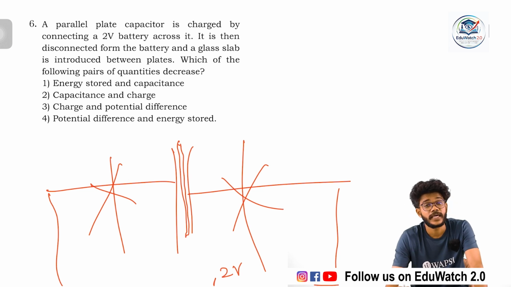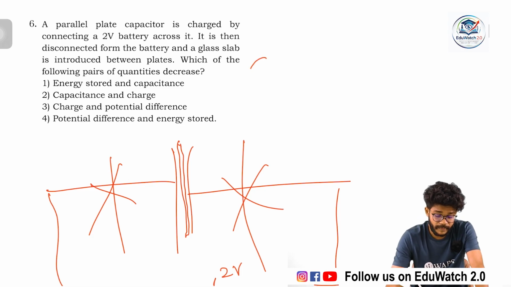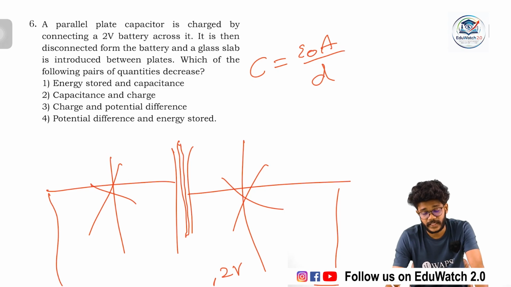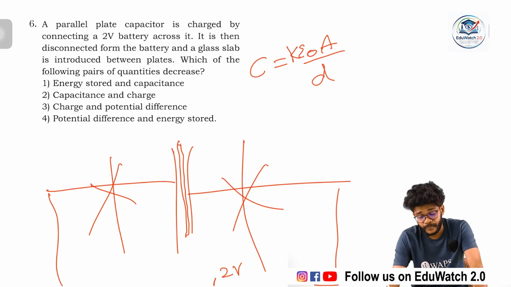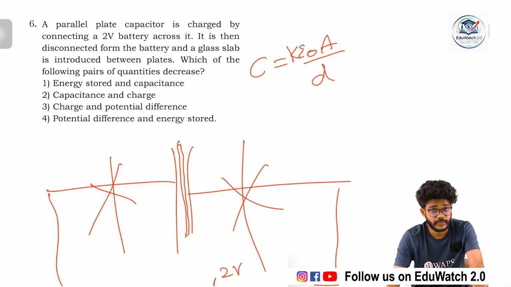So which of these quantities is getting decreased? The first one is energy stored and capacitance. What is the equation for capacitance? Epsilon 0 A by d initially, and when we introduce a dielectric, it is multiplied by K. So what does that mean? The capacitance is increasing.